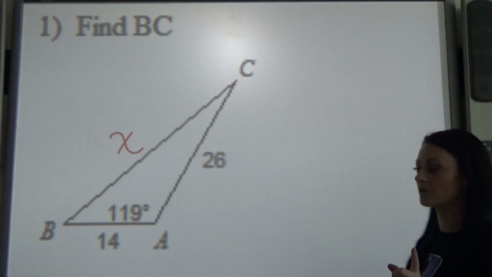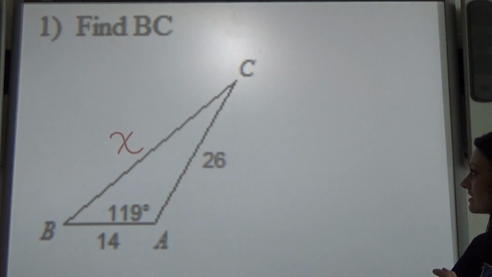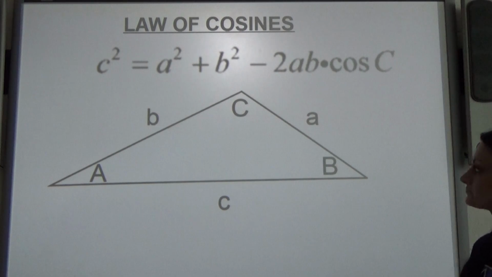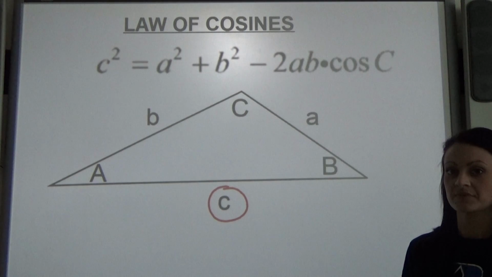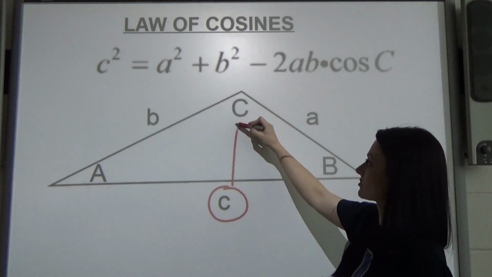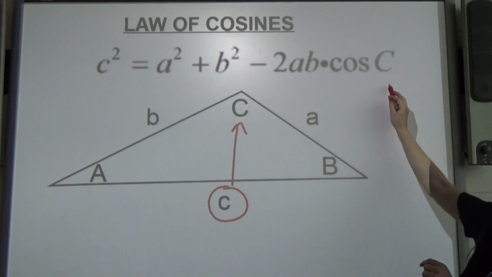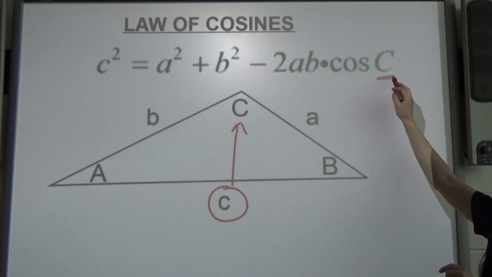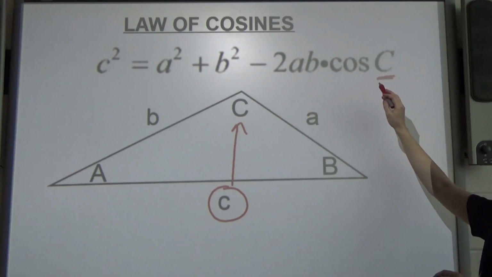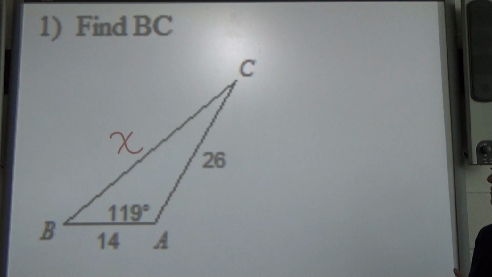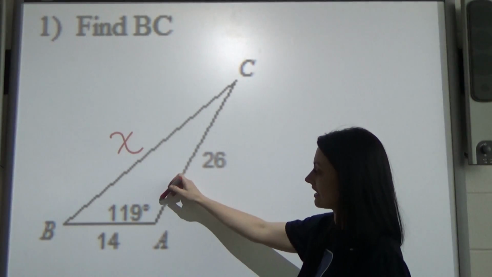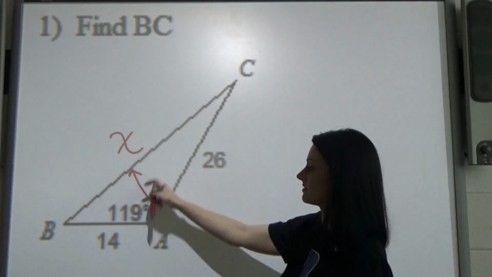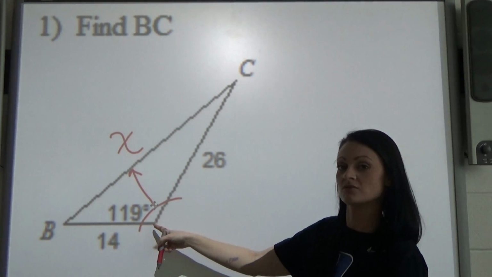And one thing I want you to notice, I'm going to flip back to the actual equation. This side c is the side that's across from the angle that I'm using in this last chunk here. So here, I'm trying to find x, and x is across from 119, which is my obtuse angle down here.